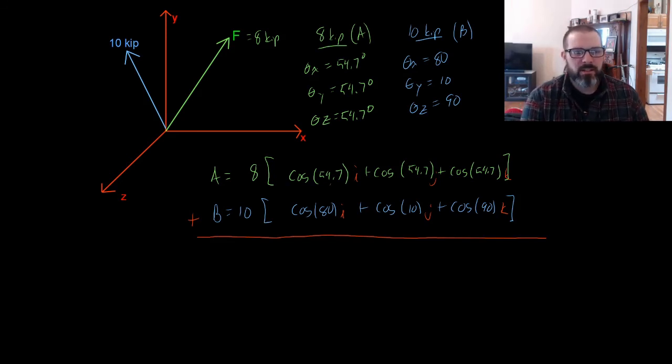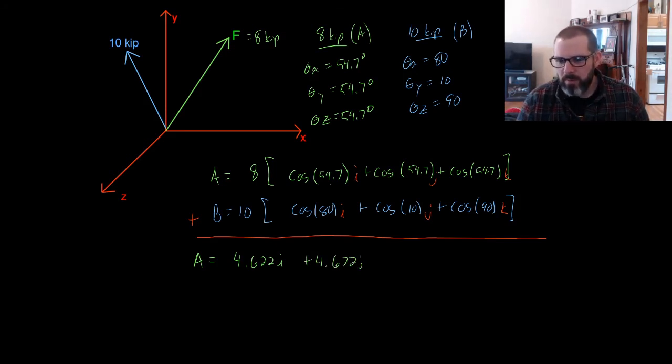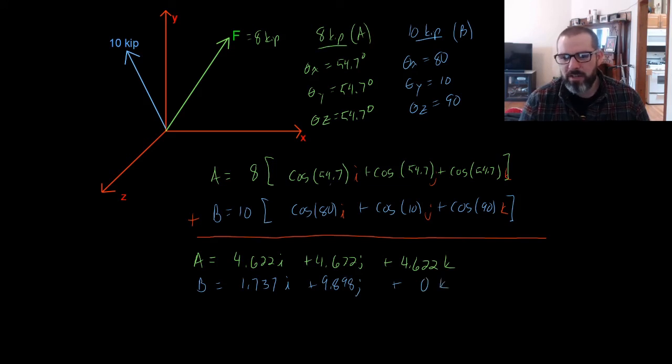We can say that A equals 4.622I plus 4.622J plus 4.622K. B equals 1.737I plus 9.898J plus 0K.